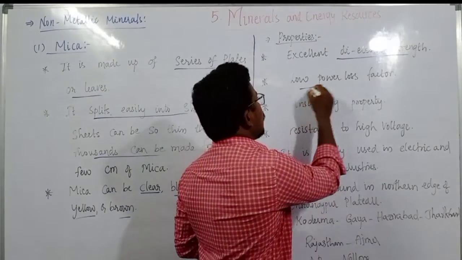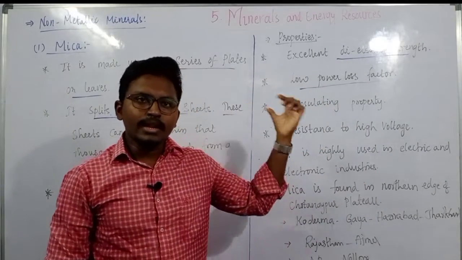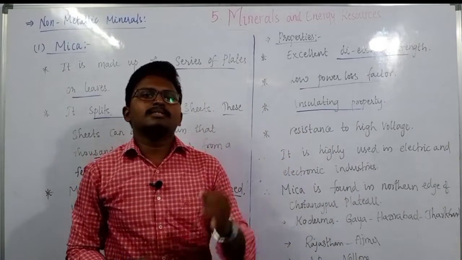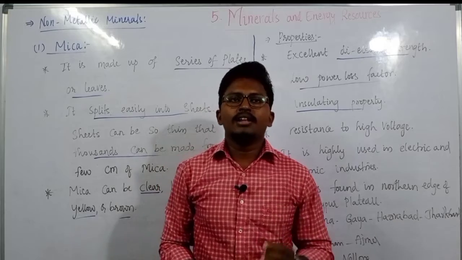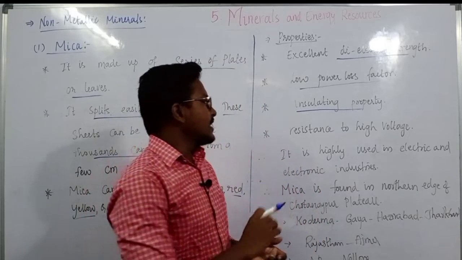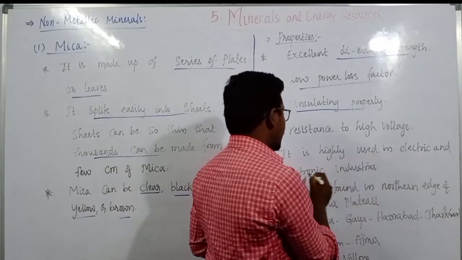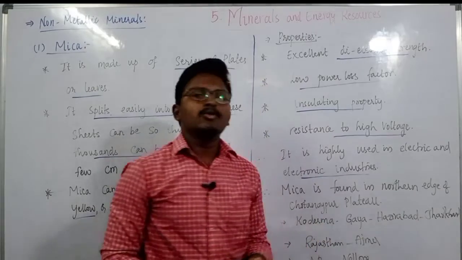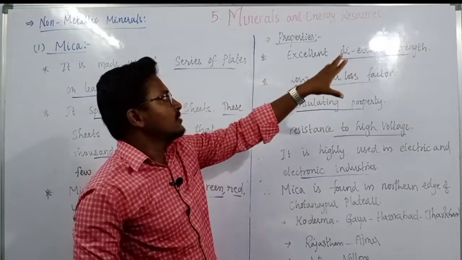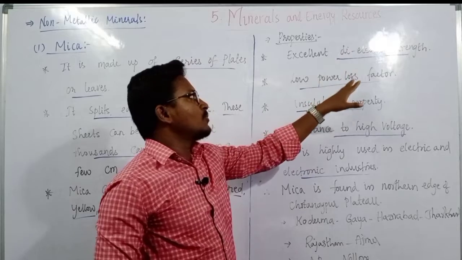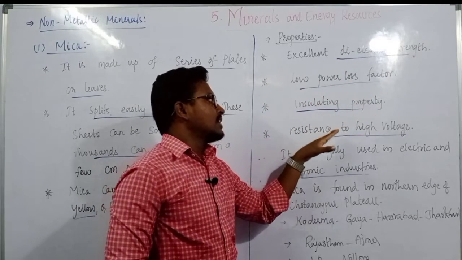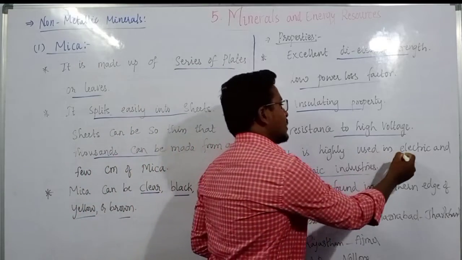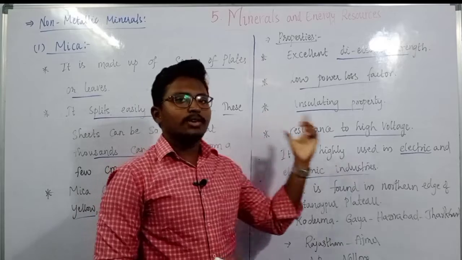It has a low power loss factor, that means it never allows the power to pass, and at the same time it has an insulating property, which means it is a bad conductor of heat as well as electricity. That is why it is mainly used in electric and electronic industries. So it is resistant to high voltage. Because of these properties, dielectric strength, low power loss factor, insulating property, and resistance to high voltage, it is mainly used in electric as well as electronic industries.